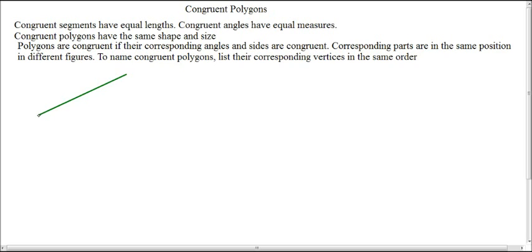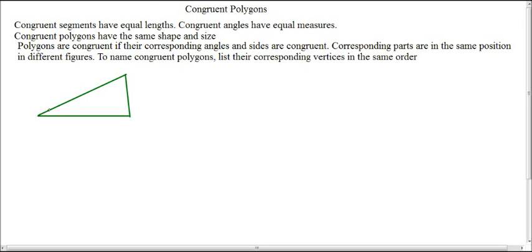So if we were to start here and go here, that again is a line segment. And if we were to take this one and go here, that also is a line segment. So exactly three line segments, and we can name these line segments for the most part.